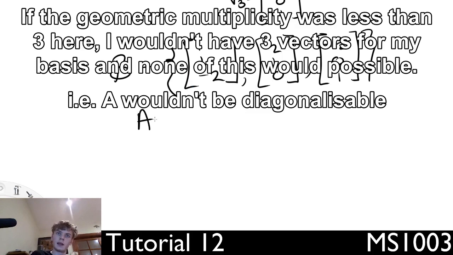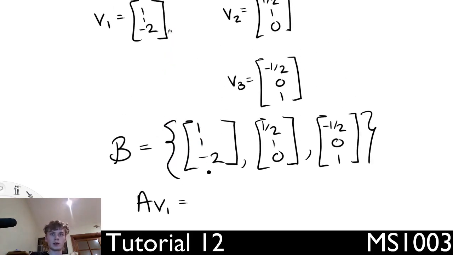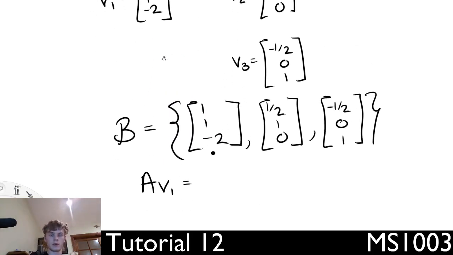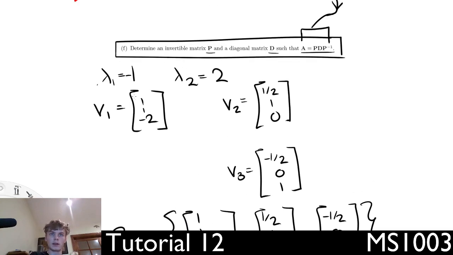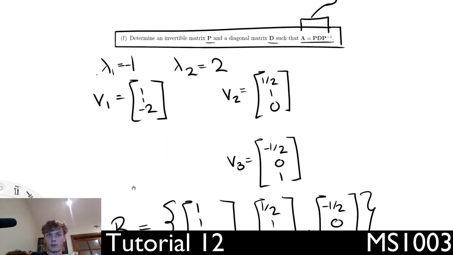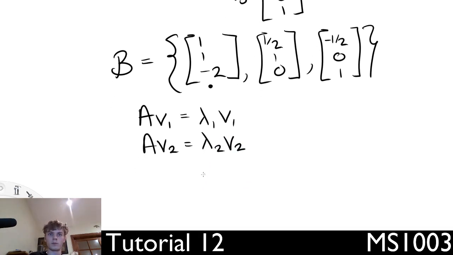If I take A and multiply it by v1, my first basis vector, well, I just solved the eigenvalue equation. So I know that if I apply A to v1, that should look like just multiplying v1 by minus 1. So that's going to be lambda 1. If I apply A to v2, that can be the same as doing lambda 2 times v2.